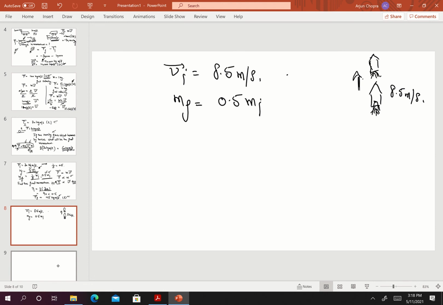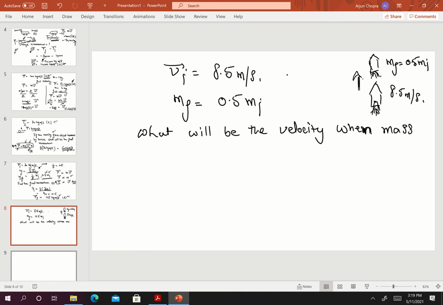So here the mass m final is equal to 0.5 m initial, and this is the situation given to me. I wanted to find what will be the velocity when mass is halved.